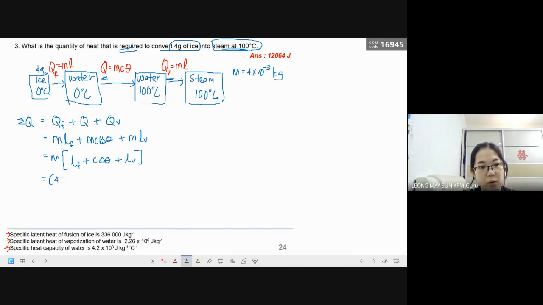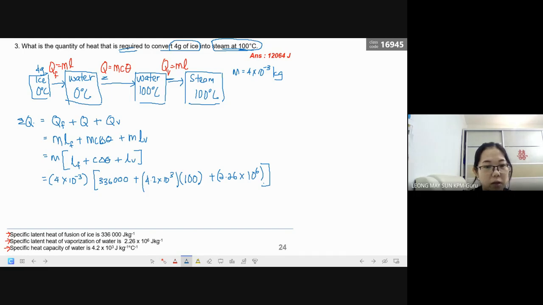So my mass is 4 times 10 to the power of negative 3. My latent heat of fusion, 336,000, plus heat capacity of water, 4.2 times 10 to the power of 3. Please be careful when you press your calculator. Change of temperature, 0 to 100 degrees Celsius. So the change of temperature is 100 degrees Celsius. Plus latent heat of vaporization, 2.26 times 10 to the power of 6. So you will notice one thing, I'm very sensitive with my brackets. So can you all please press your calculator because I don't have my calculator with me right now.